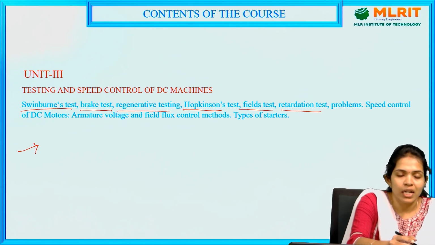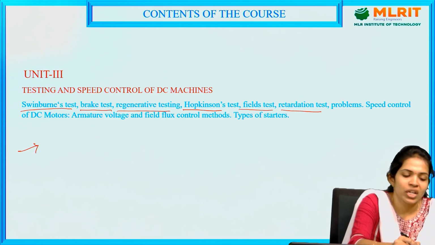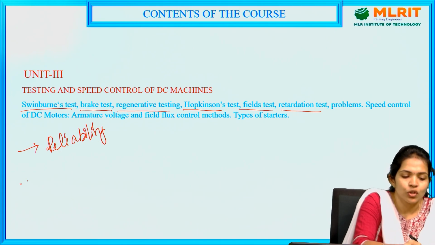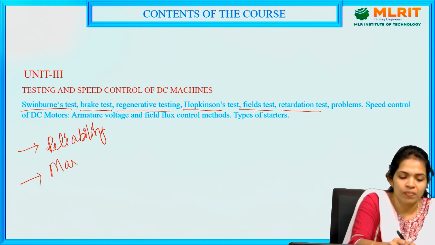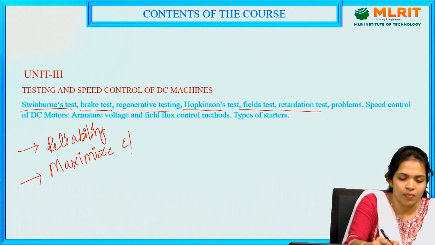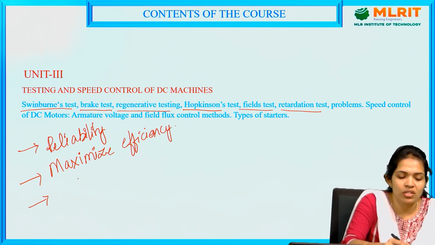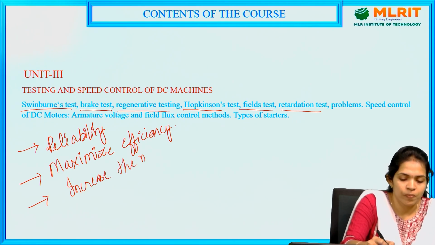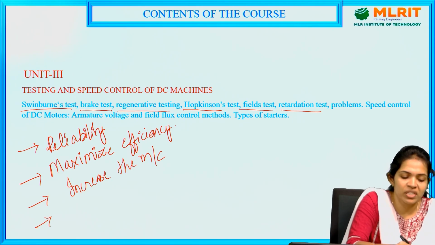We basically conduct a test on any machine to check its reliability, to maximize its efficiency. Maximizing the efficiency means increasing the span of the machine and also its durability.